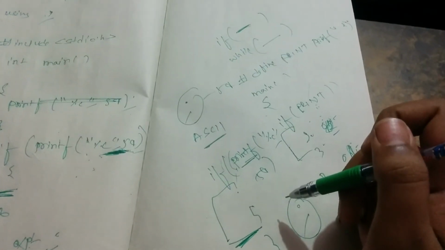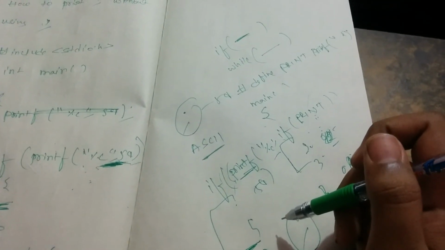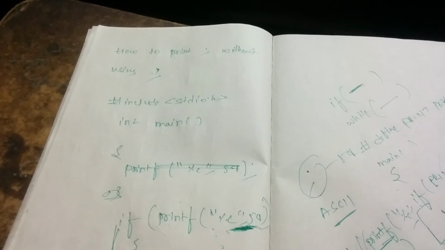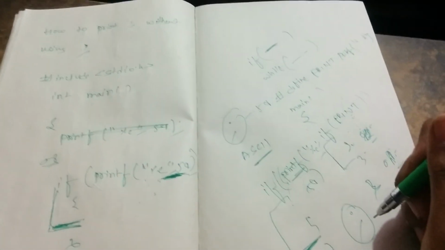It's positive, we choose to write nothing in between the block and nothing gets printed. This is the summary of how to print hello world without actually using semicolon, and also the other famous question, how to print semicolon without using semicolon. And I hope this is clear for you people.